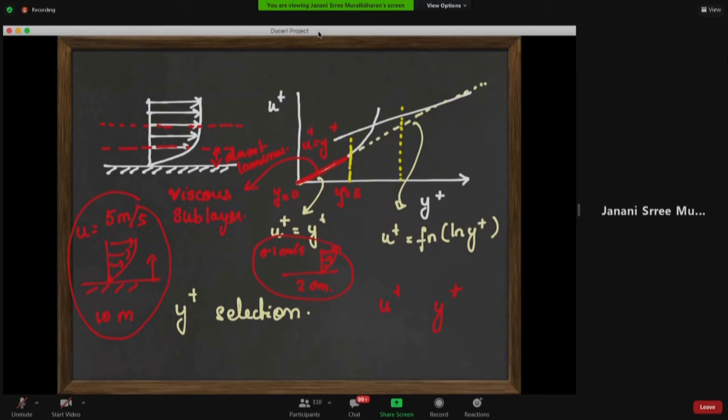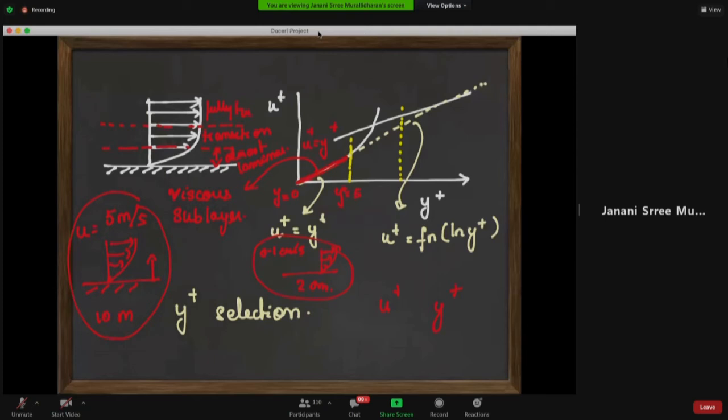So coming back to this, through experiments, it was identified that there are typically 3 regions or changes through which the velocity profile happens. One is the viscous sublayer. The middle layer is more or less a transition layer or a buffer layer to a fully turbulent log-law layer, okay?